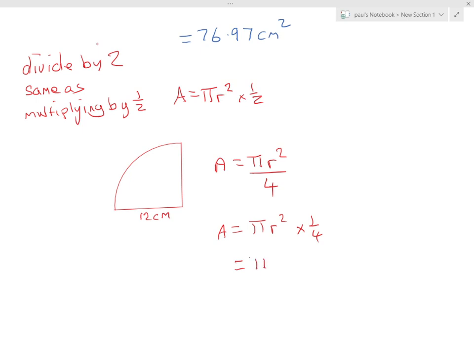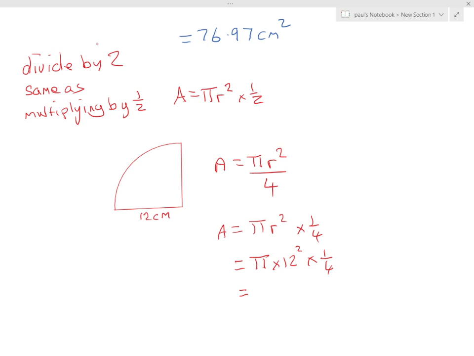which is pi times 12 squared times a quarter, which is 144, isn't it? So again, shift pi on the calculator, times 144 times a quarter, which is 0.25.